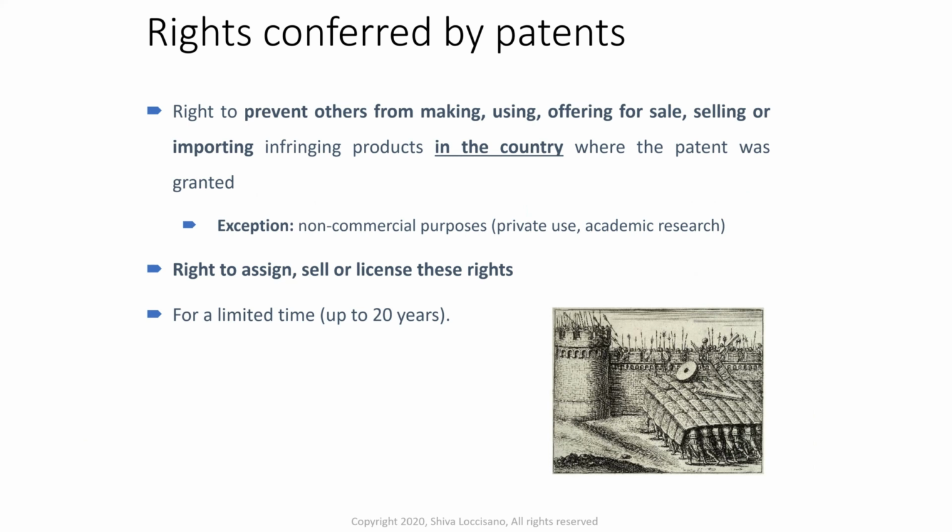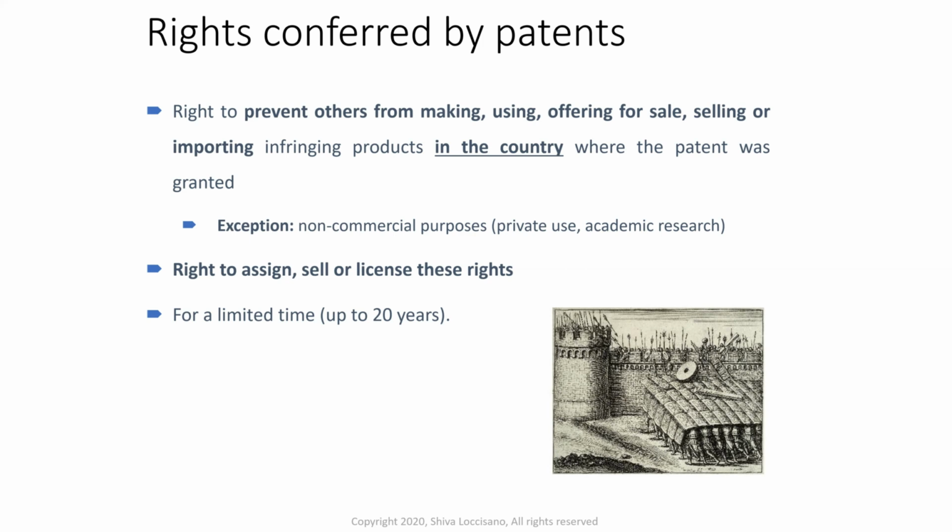There is an exception, of course, which is for non-commercial purposes. So for private use or academic research purposes, we can also use a patented invention, and we are not infringing the rights of the owner. These rights can be assigned to others, sold, or also licensed to another party.